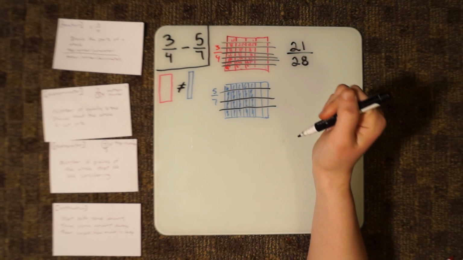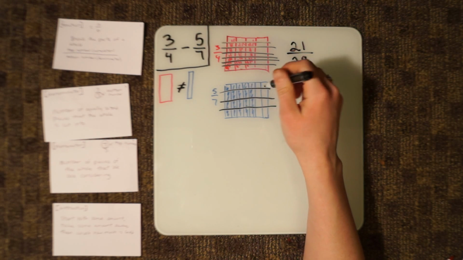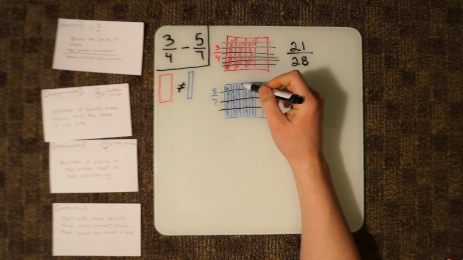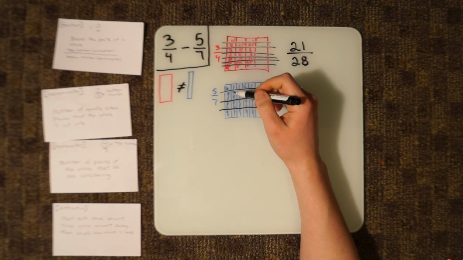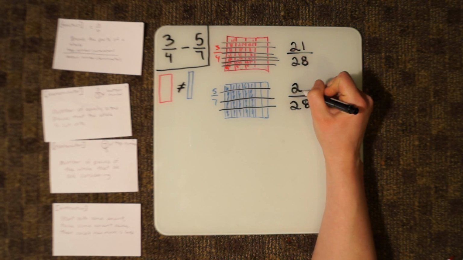Just as we did up here, we'll count up the number of pieces that are here, and that would equal 28. And then we'd count up the number of shaded blue spaces. So 1, 2, 3, 4, 5, 6, 7, 8, 9, 10, 12, 13, 14, 15, 16, 17, 18, 19, 20.